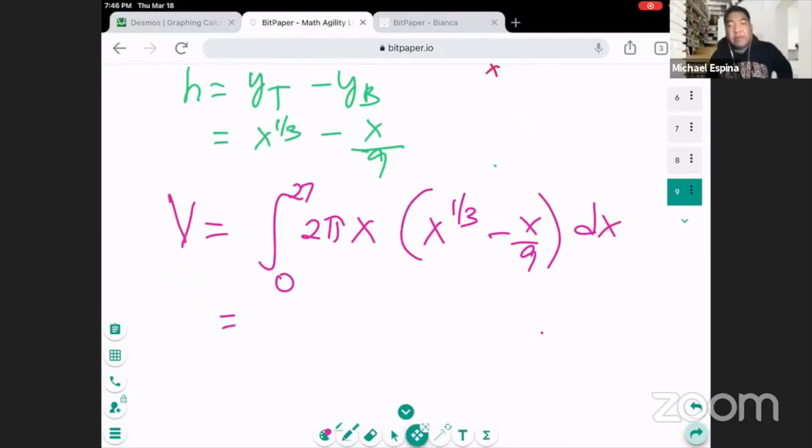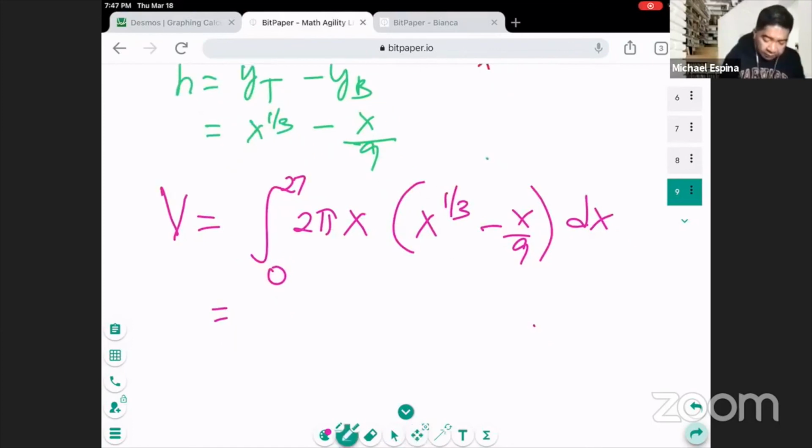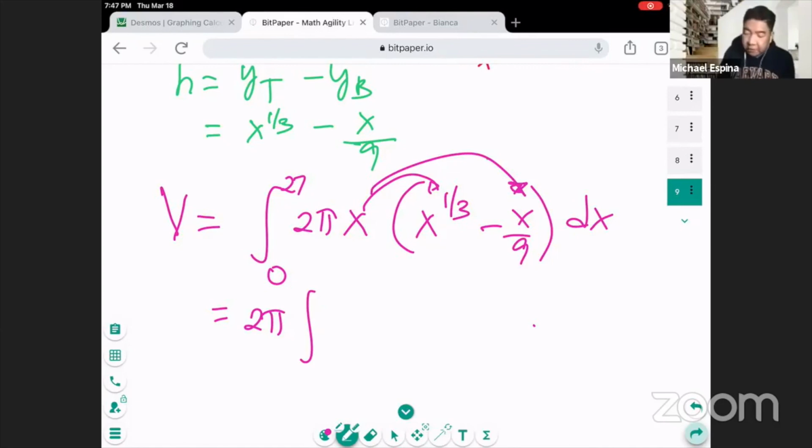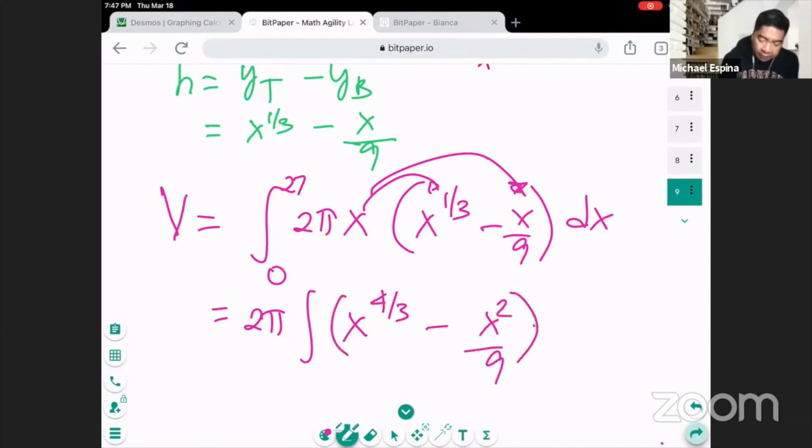And what's the next step? Let's take out 2 pi from the integral. And then let's distribute the x inside the parentheses. So x times x to the 1/3 is x to the 2 plus 1/3, or rather 3 over 3 plus 1/3, so this is 4/3, right? And this will be x squared over 9 dx from 0 to 27.